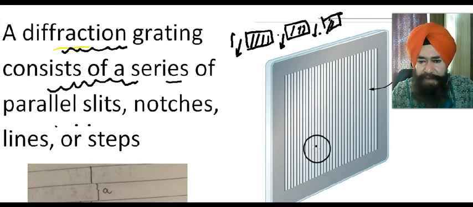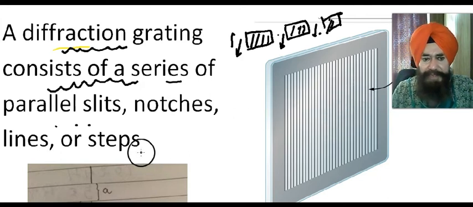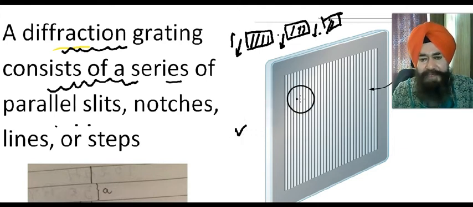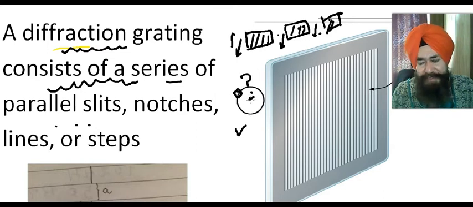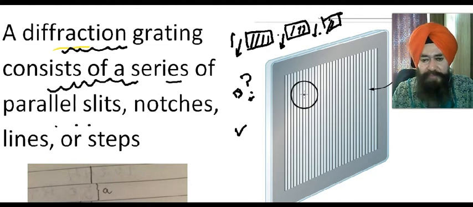So a very large number of parallel slits is called a diffraction grating. Guess what would be the size of this narrow opening? Can you guess the size of the slit? No doubt there are many slits, but what about the size?